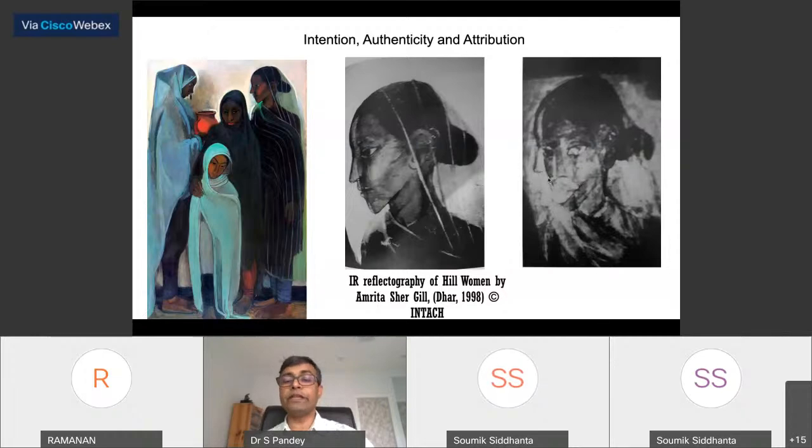So we could see that the artist made changes to the original concept of what was thought initially and painted something else. Again, the role of science in understanding what could be done to artwork.